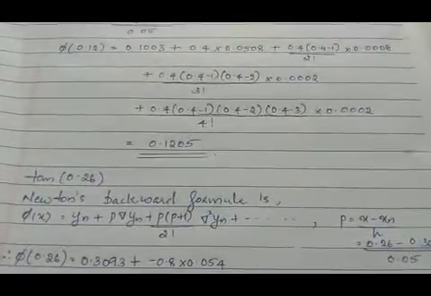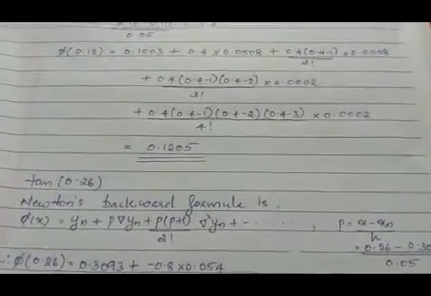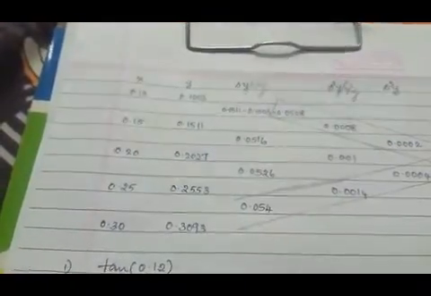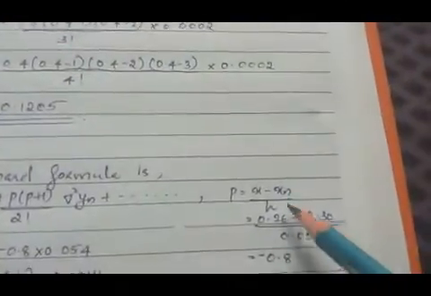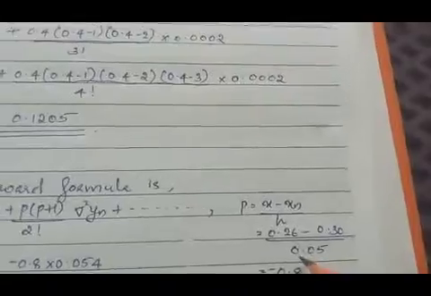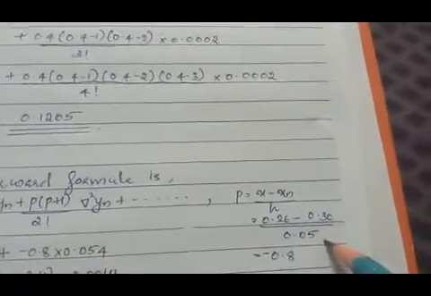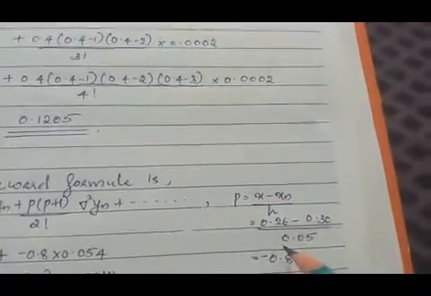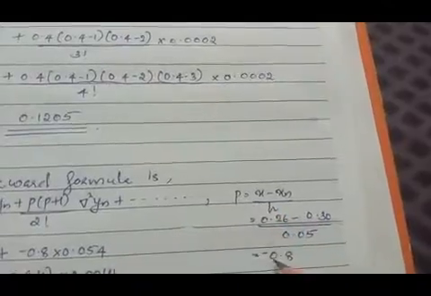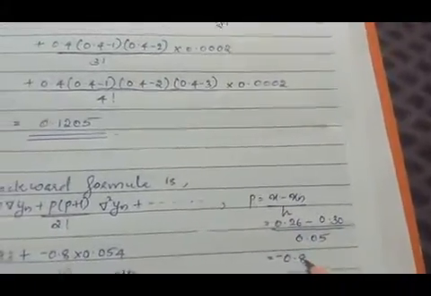Then xn means it's the last value of the argument. Looking at the table, you can see that xn is 0.30. Substituting that 0.30 and h we have already found, which was 0.05, and evaluating, you will get p as minus 0.8.